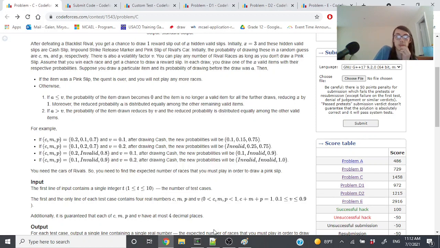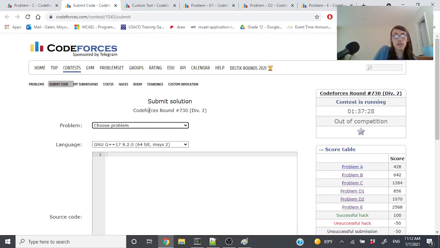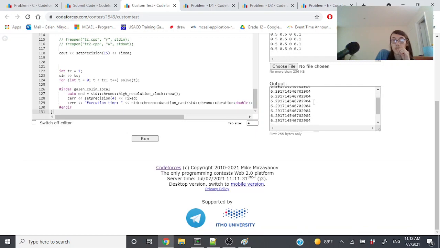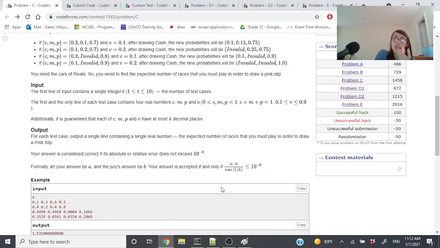Well, the longest length is actually 20. I guess we can do that. Wait, does it change the answer? Makes it faster. Still not fast enough, actually. Suppose we have that. We do it twice.